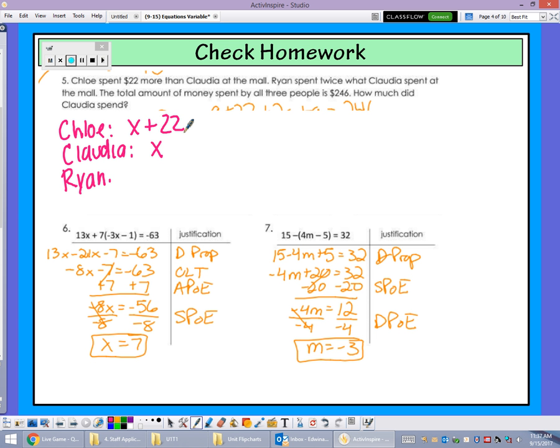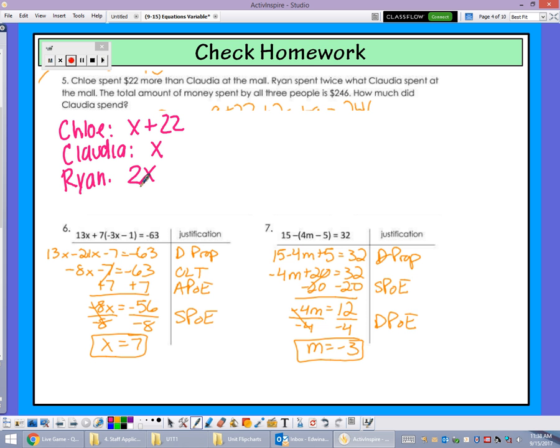Ryan spent how much? What's twice mean? It means double. Double means I do what operation? Multiply it or add it to itself. So there's two things you can write. You can write X plus X, because it's twice the amount, or you can write what? X times 2. How do I write X times 2? 2 and then X. All right.